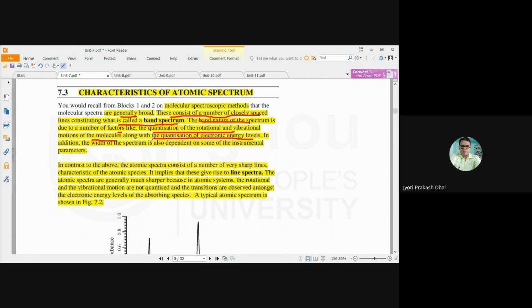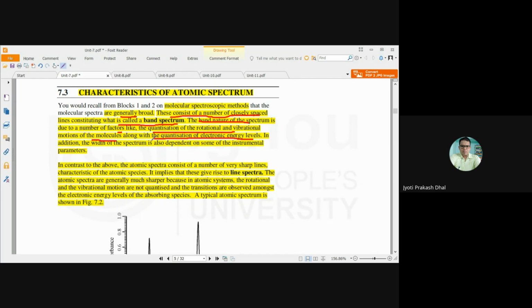So in case of molecules, the molecular spectrum is a band spectrum because of the quantization of different factors like rotational energy levels and vibrational energy levels, along with the quantized electronic energy levels.